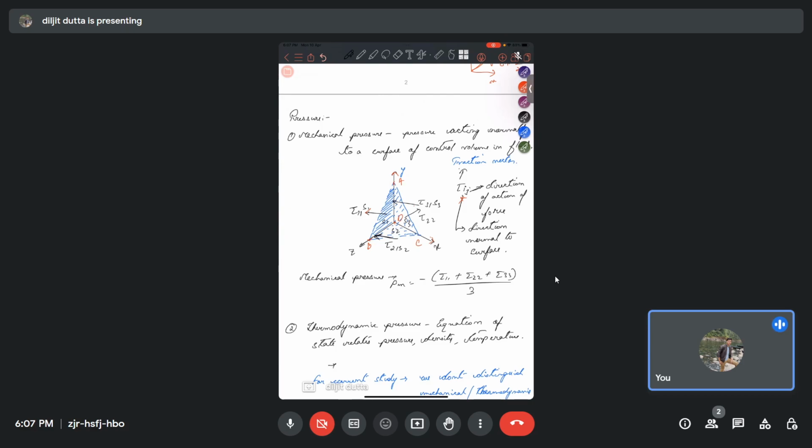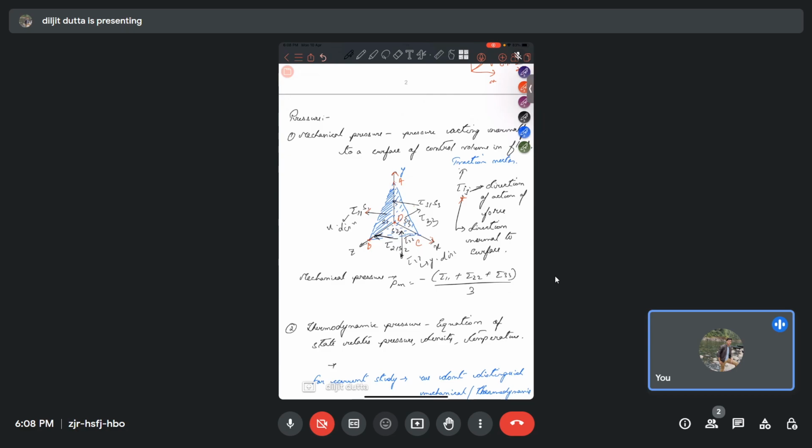So tau 11 corresponds to the x direction. Now tau 33 will correspond to the z direction. This is the normal pressure acting on the surface AOC, in the z direction. And thirdly, there will be a stress in this direction, tau 22, which will correspond to the y direction, normal.